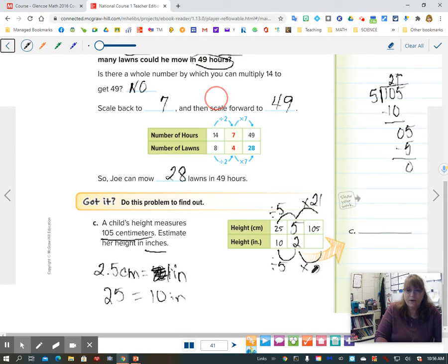I need to do 2 times 21. So 21 times 2 is 42. So 42 is our answer, but 42 what? 42 inches. That's our units. So 42 inches. Okay.